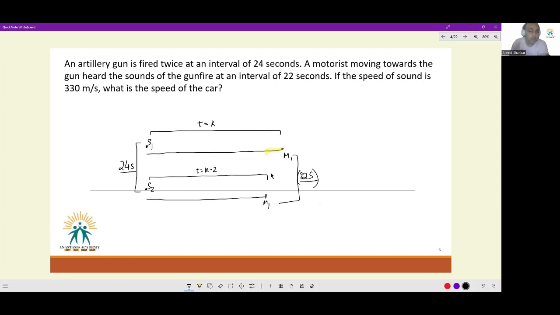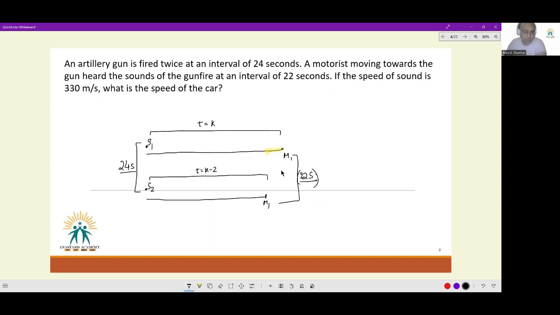Imagine if he had not gotten closer, what would be the gap between the two sounds of guns fired for him? It would have been 24 seconds only. If the motorist had continued to remain stationary, he would have heard the two guns being fired at a gap of 24 only. The fact that he has moved closer reduces the gap between two sounds to 22 seconds.